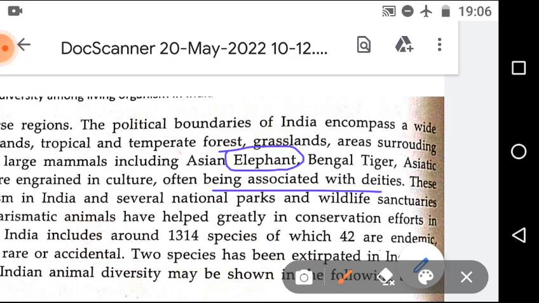the king of the devatas. Then the elephant is also considered to be a symbol of Lord Ganesha in Hinduism culture. Then in another case you see the Asiatic lion.